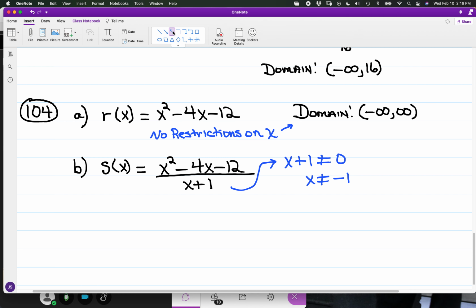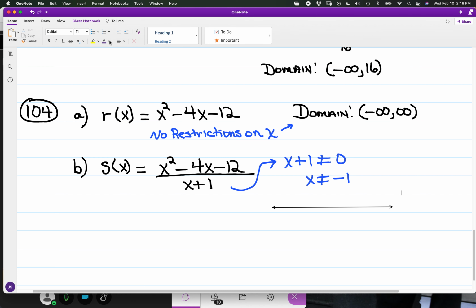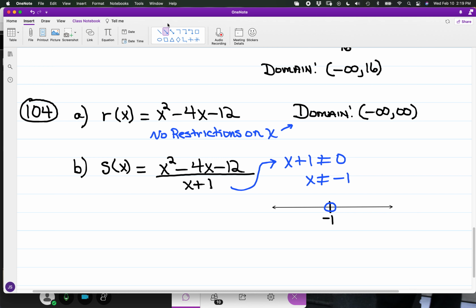And looking at what we have in terms of the domain, x cannot be negative 1. So negative 1 is excluded, and everything else is included: those values less than negative 1, as well as those that are greater.